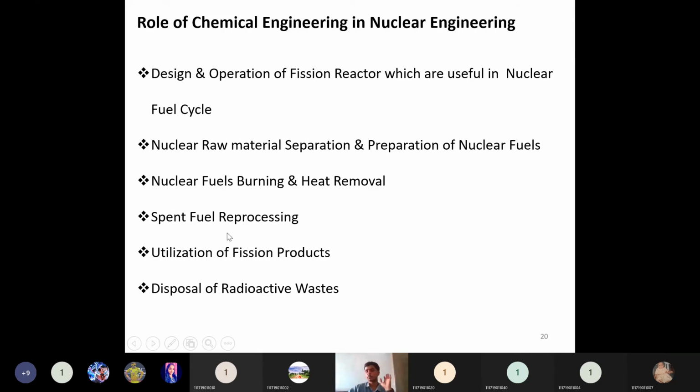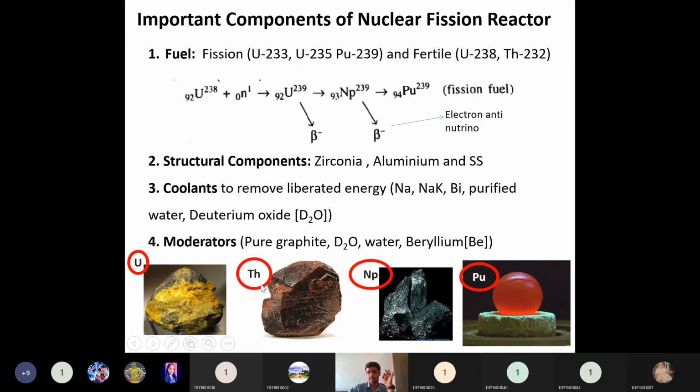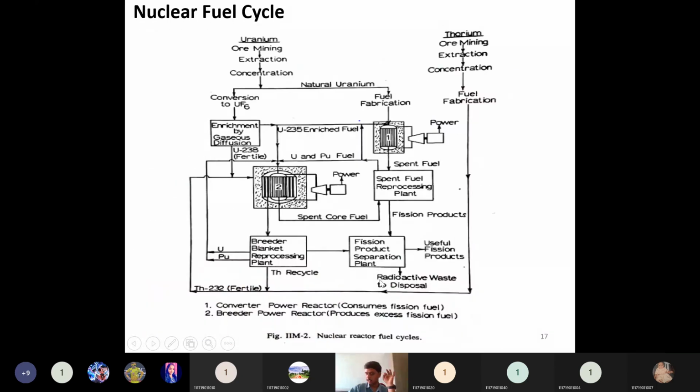In processing all those products also, the chemical engineer has to play a major role. And at the same time in the disposal of radioactive waste, and also in the useful byproducts, the fission products separation and utilization, everywhere the chemical engineer has to play a major role.